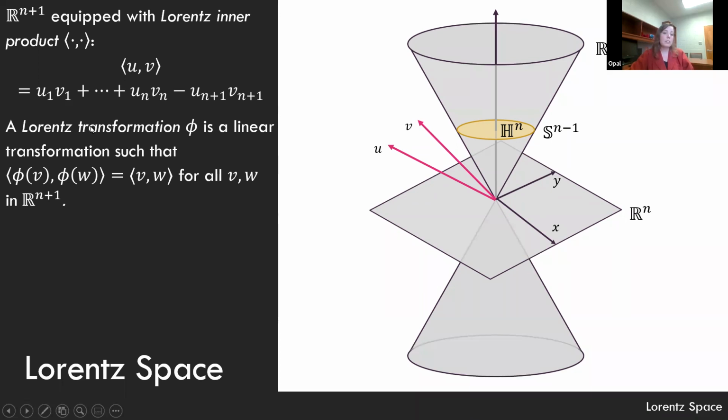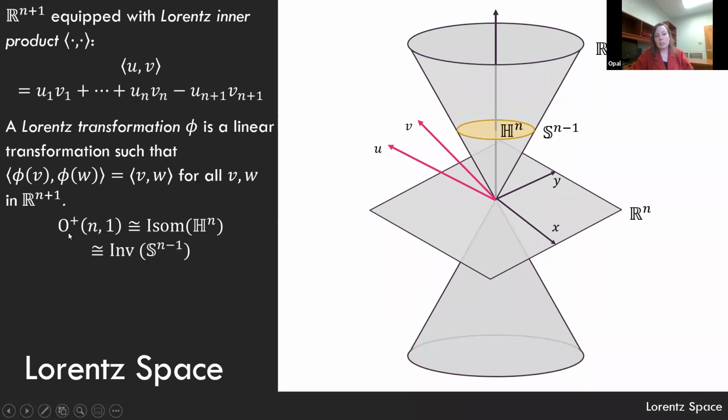And moreover, the movements, the Lorentz transformations, are linear transformations that preserve the Lorentz inner product. And we're interested in those because they are key to understanding what's happening in the other spaces. We have that the positive Lorentz transformations, which are given by the positive orthogonal group here, are isomorphic to the isometries of hyperbolic n space, and those are in turn isomorphic to our inversive transformations of the n-1 sphere.